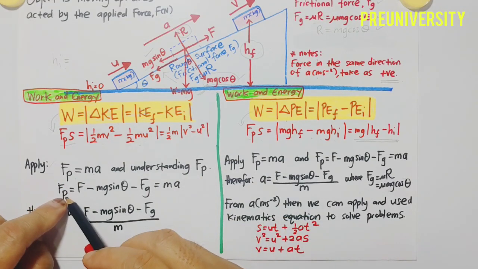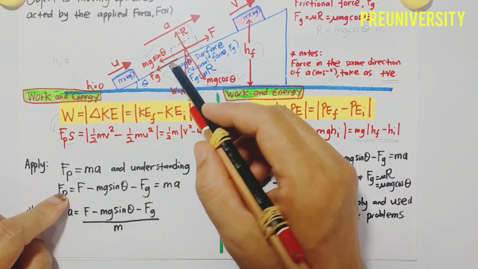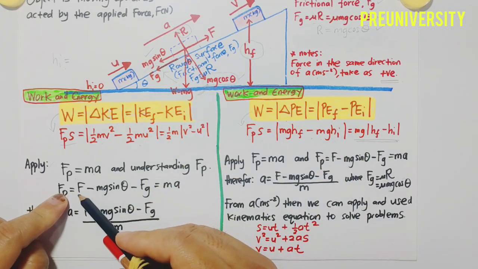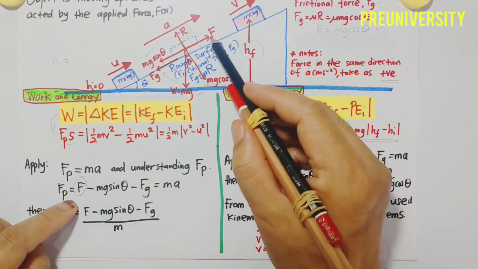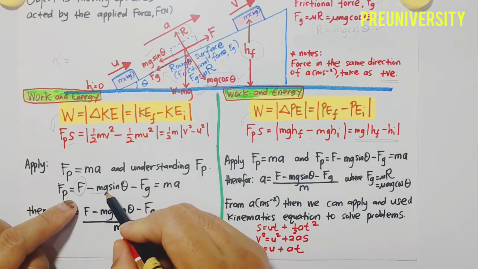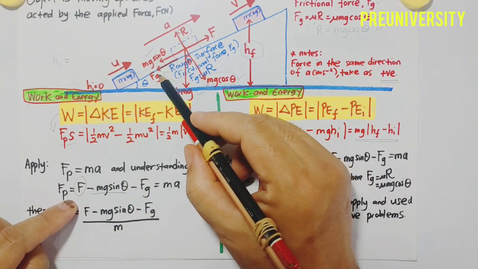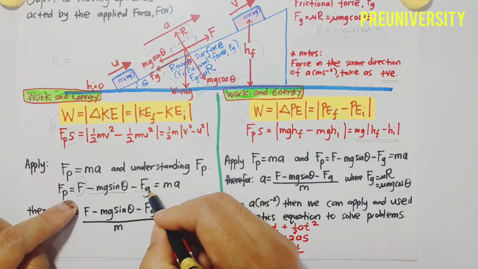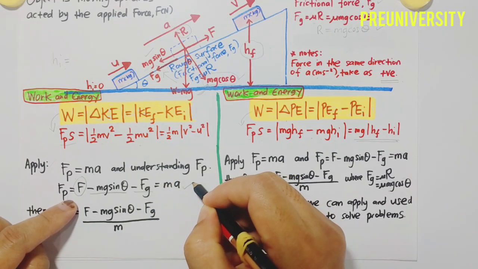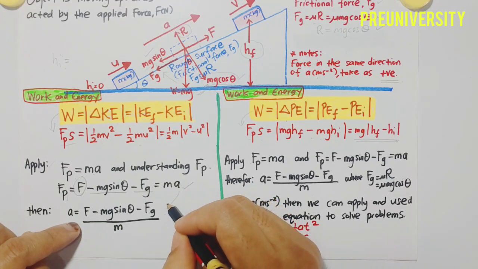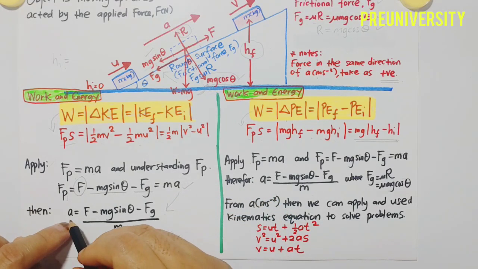Referring to the diagram, F is in the same direction as a, so we take it as positive. mg sin theta is against the direction of a, so we take it as negative. The frictional force Fg is also against the direction of a, so negative. Then it equals ma. Therefore, we can manipulate this equation to find the value of a.